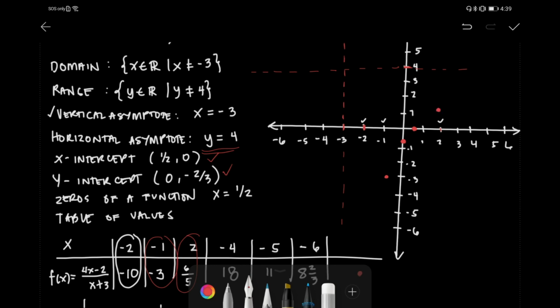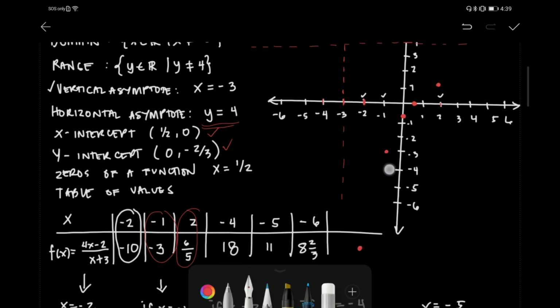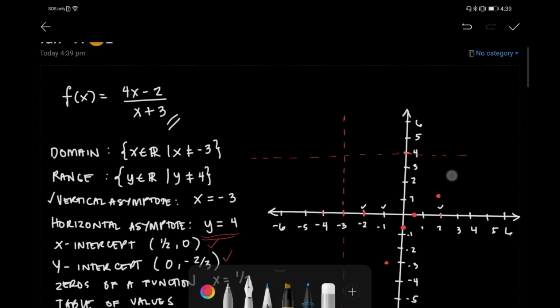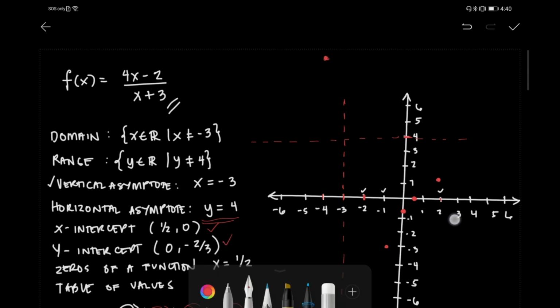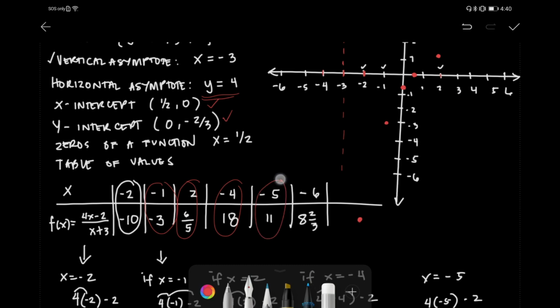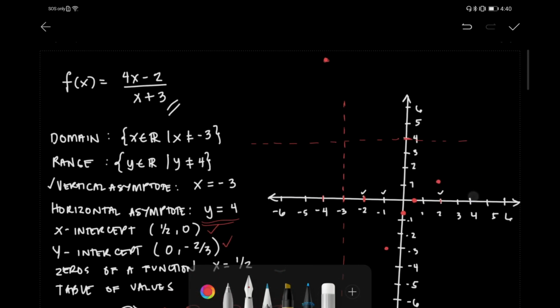If x naman daw natin is negative 4. So nandito yung negative 4, ang y natin is positive 18. So, approximately, nandito yon. Okay? 18. So, palagay natin nandyan. Then, if x natin is negative 5, 11. So, we have here, negative 5 and 11.